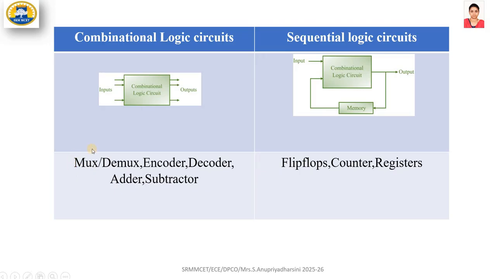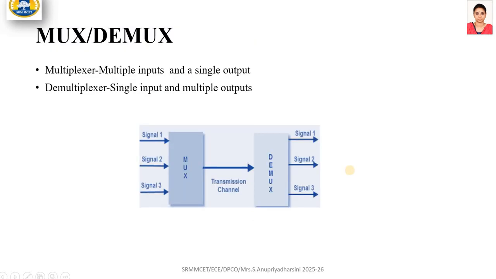In this class, we will be seeing about multiplexers. In the next class, we will see about demux. Encoders, decoders, adders, subtractors, everything comes under combinational logic circuits. Some examples of sequential logic circuits are flip-flops, counters, and registers.